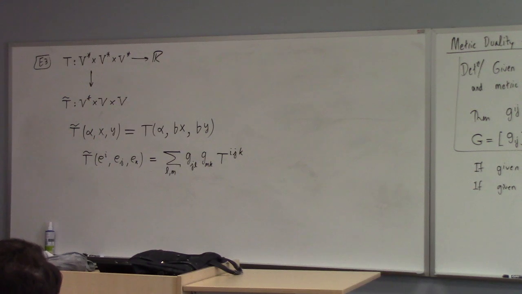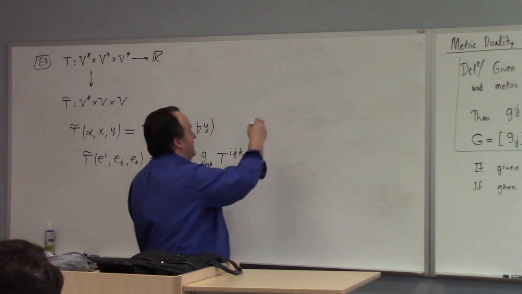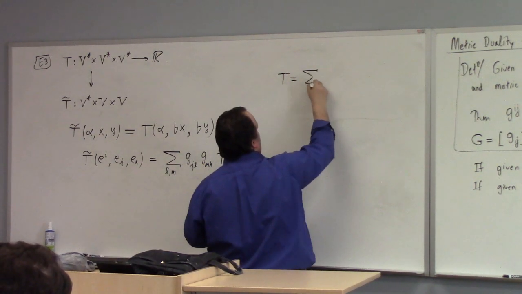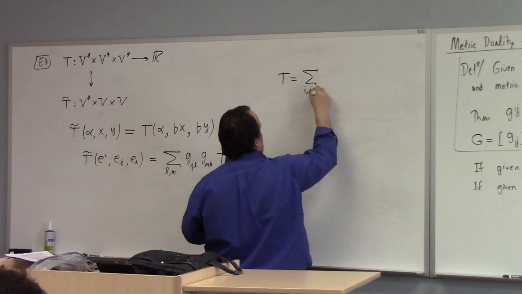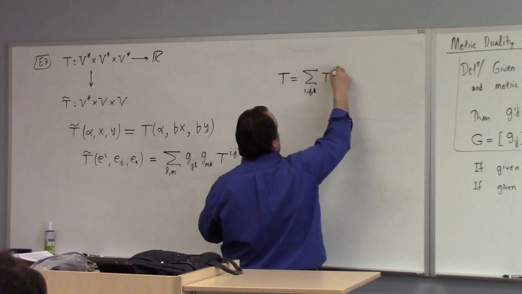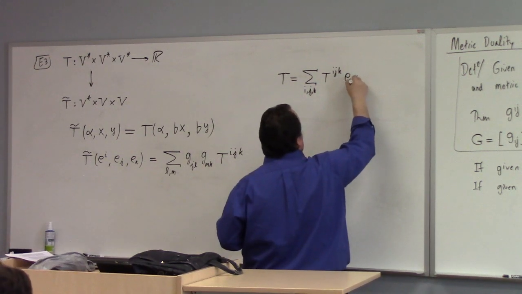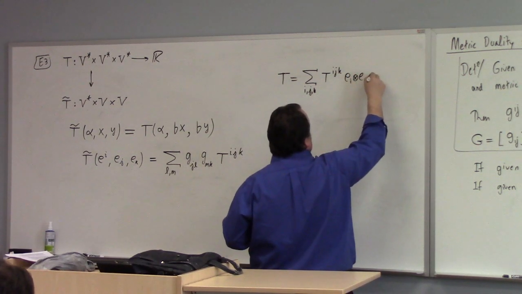In other words, I could have written down T as the sum over ijk of T upper ijk, E lower I tensor E lower j tensor E lower k.